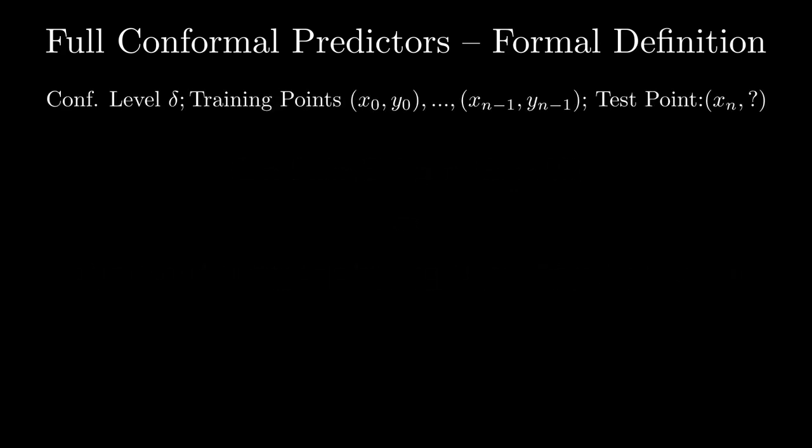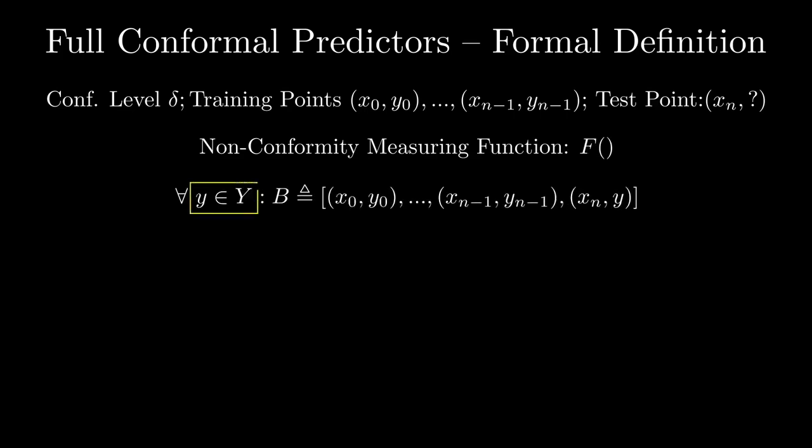Now, given a confidence level delta and n-1 XY pairs as the training data and xn as the test point, along with a non-conformity measuring function f, then for any plausible value little y belonging to the set of all plausible values capital Y, we can define the bag of examples consisting of the training data and the test x paired with the plausible value y.